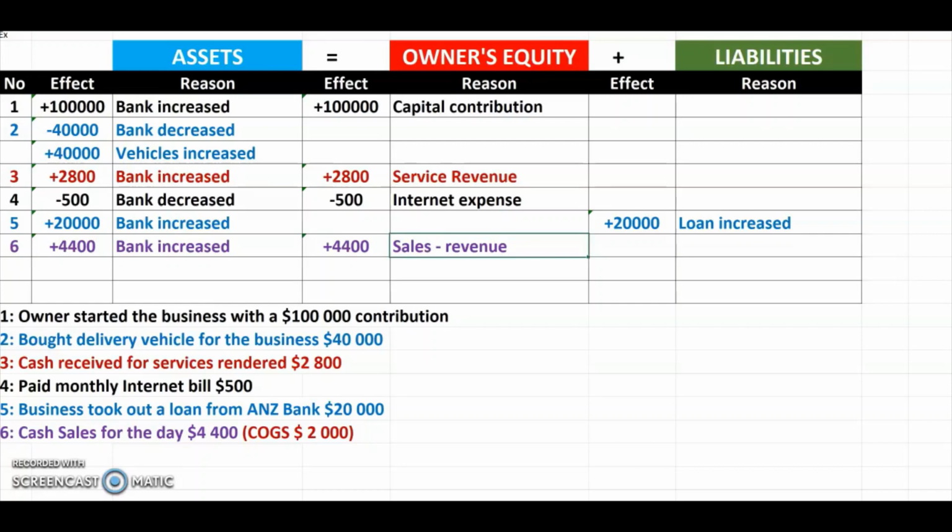So for the second part of this equation, assets decrease by 2,000. What is the reason? Inventories, which are an asset to the business, decreased. And then we go to owner's equity, minus 2,000, and what's my reason? Cost of goods sold expense. And that is a basic explanation of the accounting equation.